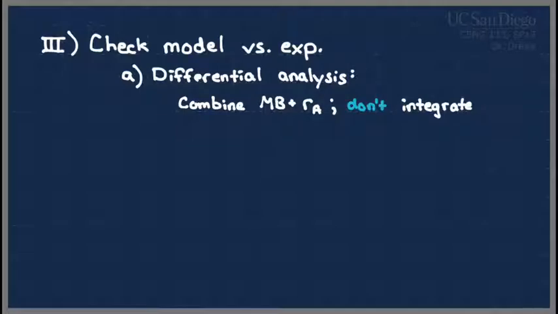What I mean by a differential analysis is you're going to take your experimental data, let's say you were using a batch reactor, for example, and you're going to calculate dCA/dt. That's usually on the left-hand side of our material balance. And you're going to set that equal to your rate law, for example, kCA, something like that.